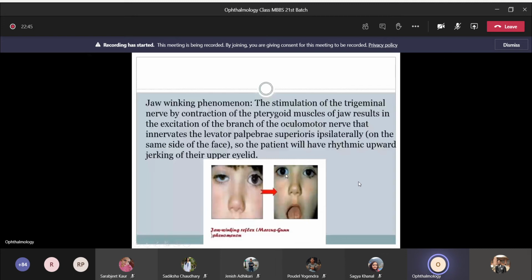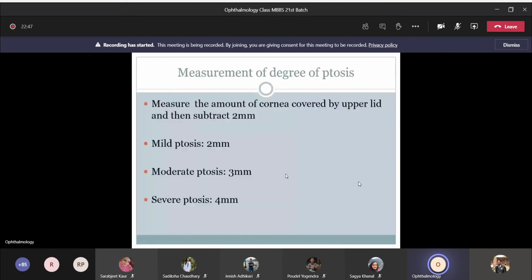And we have to measure the degree of ptosis to grade whether it is mild, moderate, or severe ptosis. We know that the upper eyelid normally covers 2 mm of the cornea. So after measuring the covering amount, we have to subtract 2 mm. If it comes to 2 mm, then it is mild ptosis.